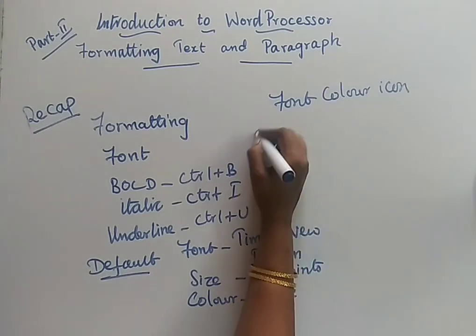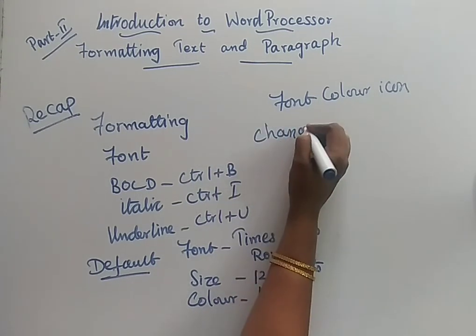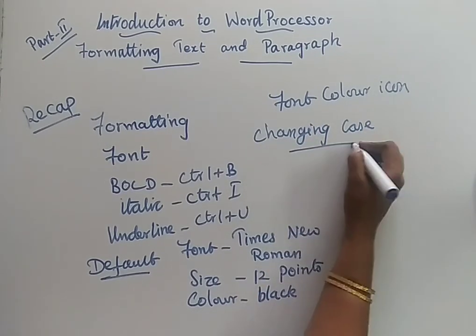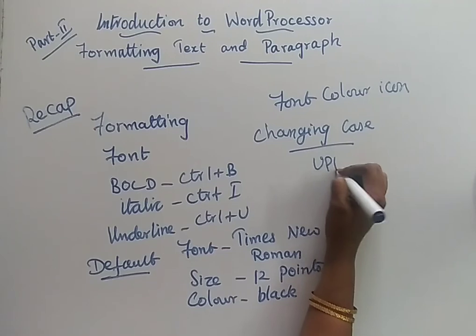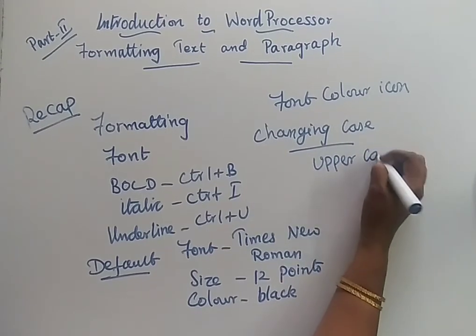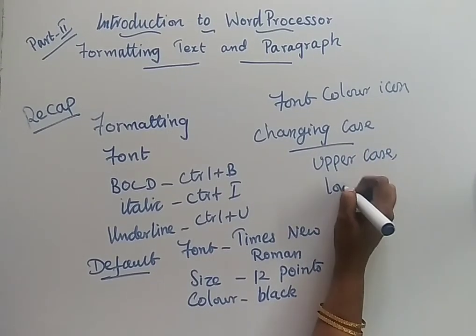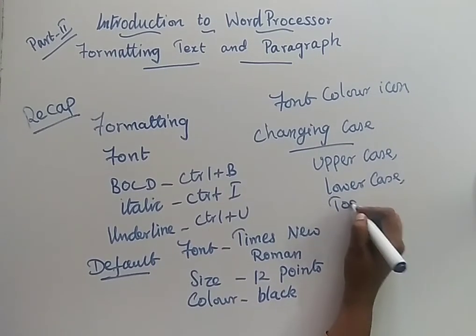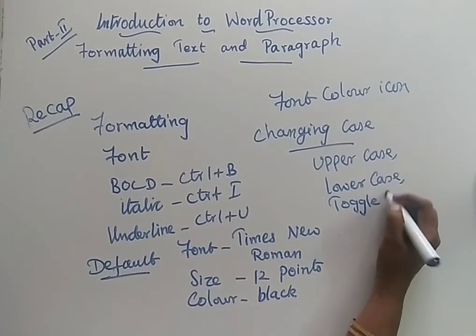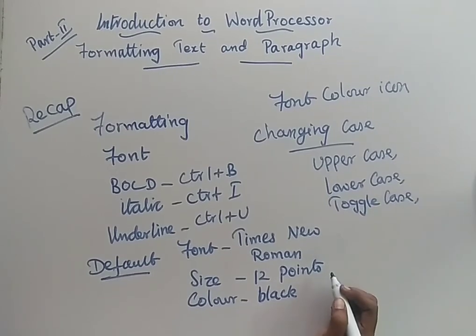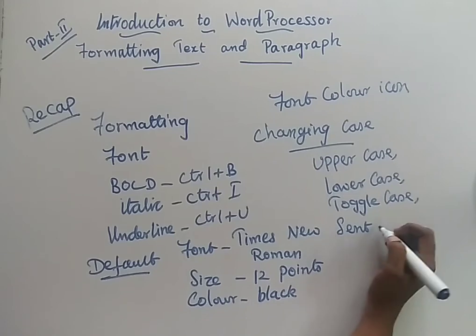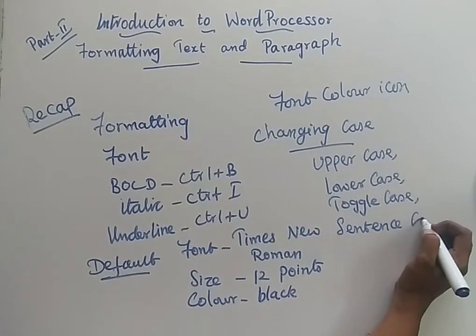Next, what else have we discussed? Yes, changing the case. Under changing the case, we finished uppercase, lowercase, and toggle case. Next, sentence case. What do you mean by sentence case? In a sentence, the first letter will be a capital letter.